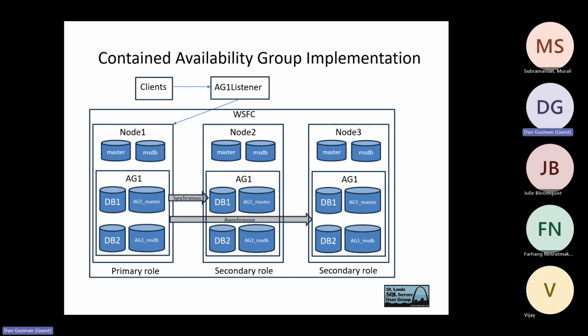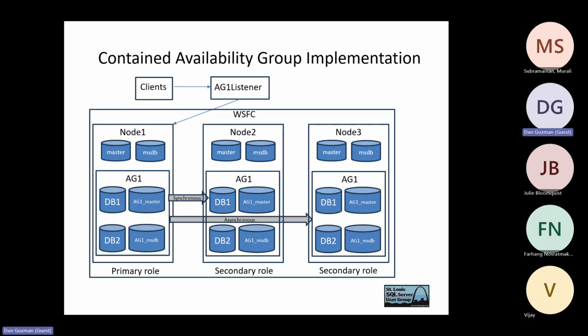You can still access other databases outside of the availability group, just like you can with a normal availability group, but it's generally best practice not to do so, because then you have an external dependency. If you fail this availability group over to another node, the application isn't going to work unless those other databases also exist on the other node, or if they're in a different availability group, that availability group would have to be failed over as well.